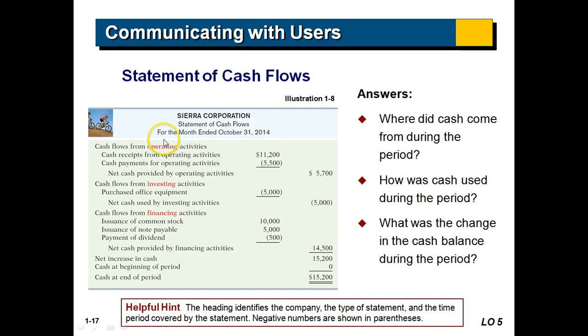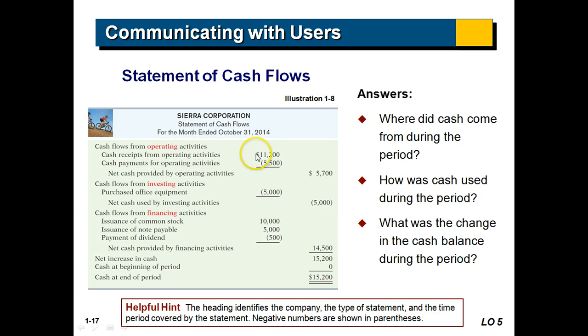So let's start with the operating activities. This company lists cash receipts from operating activities. That's really cash received from sales. Cash receipt from sales, or often labeled cash receipt from customers, because if we sell goods and services, we ultimately will receive cash from our customers.